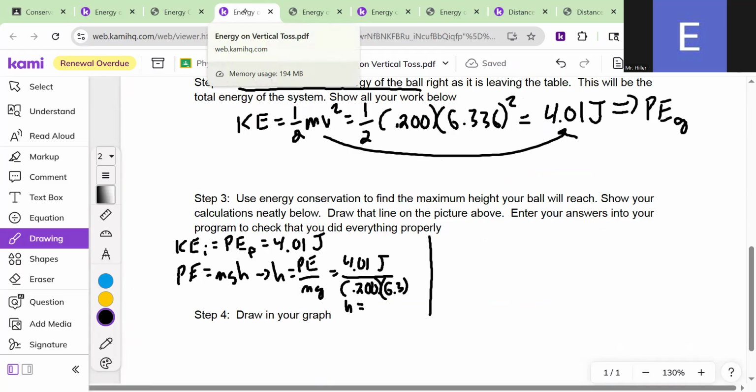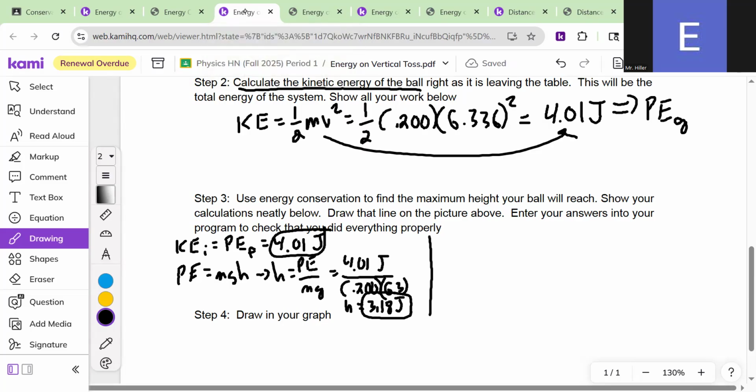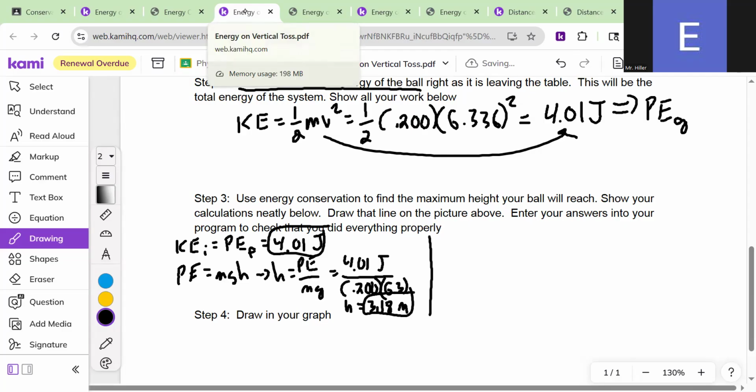Okay, I'm getting about 3.18 joules, or 3.18 meters. I'm mixing up my units here. Sorry about that. 4.01 joules of initial kinetic energy, and then final potential energy.